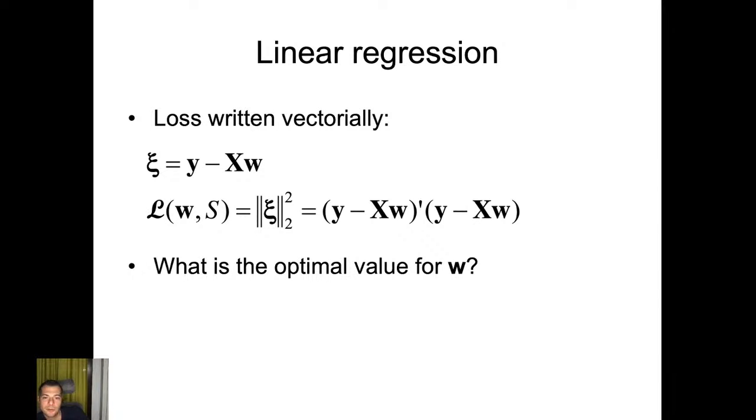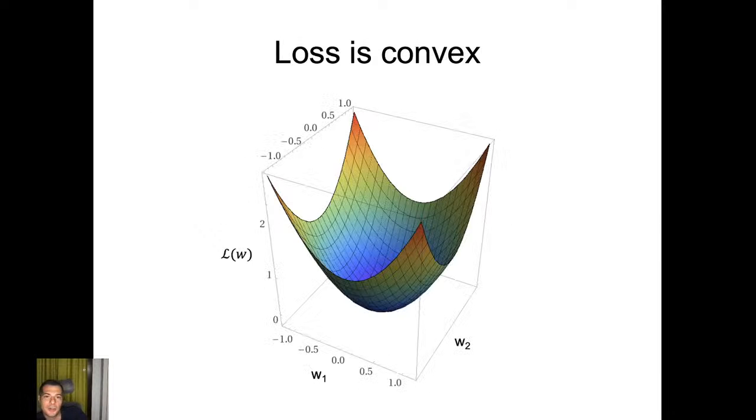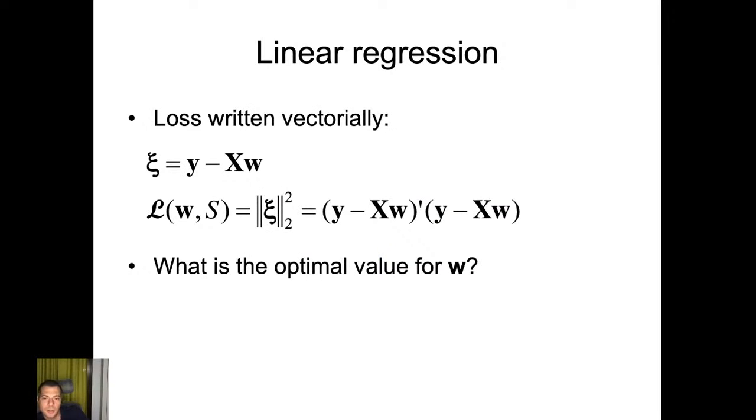And one question for you, I would like you to answer: what is the optimal value for w in this case? For this loss function, I'm giving you an extra hint, which is that the loss is a convex function. So we know that it has one global optimum that can be obtained. So what do you think?